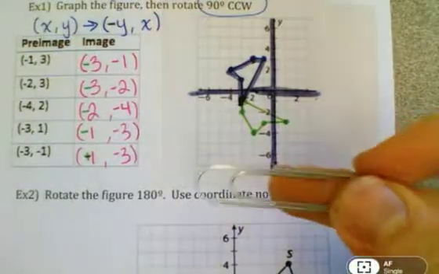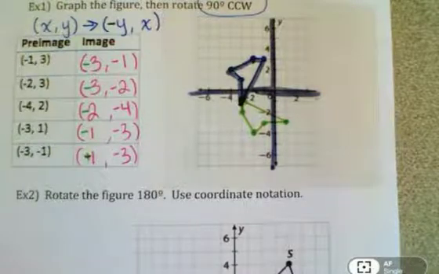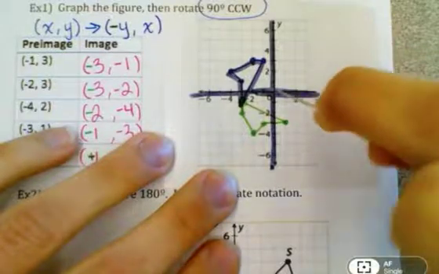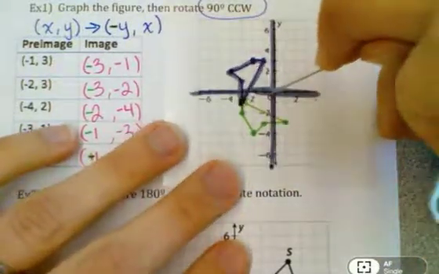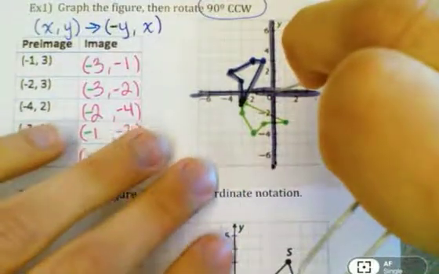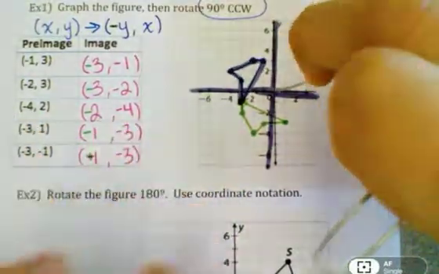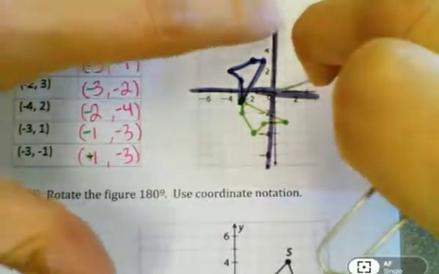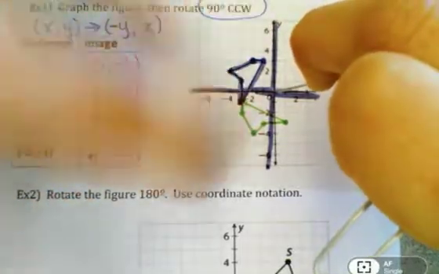So I also have this paper clip, and I'm going to unfold it so that I can use it as a poking device. And I'm rotating around the origin. So my center of rotation is right there, right at the origin. I don't know if you can see, but right at the origin. So I'm going to poke it there so that it doesn't move, and I'm going to turn this 90 degrees counterclockwise and see if it fits on top of my green shape perfectly, because it should. 90 degrees would bring this axis to this axis, so a quarter of a turn.